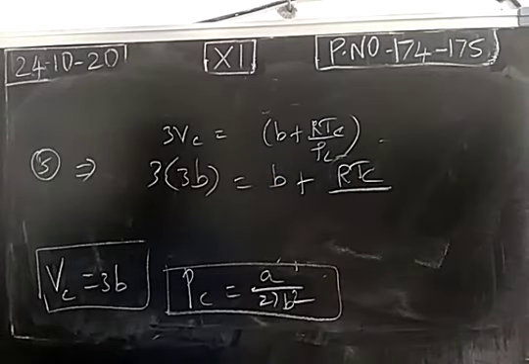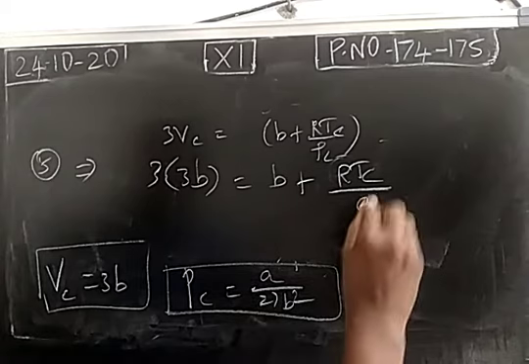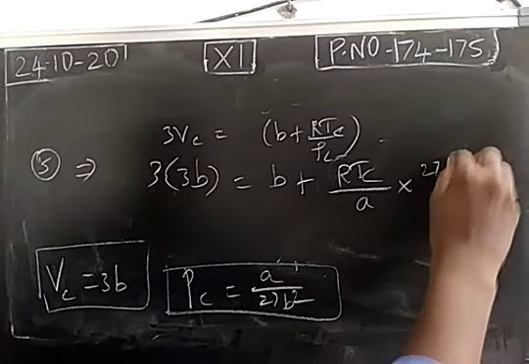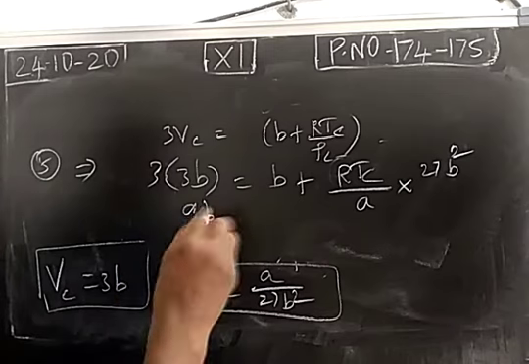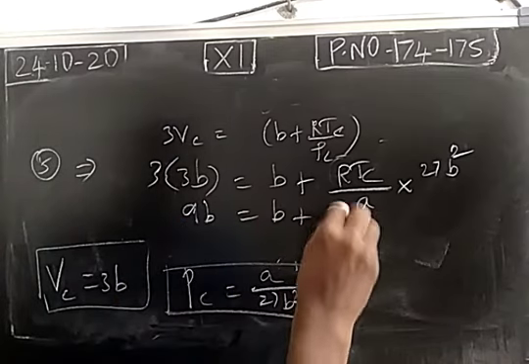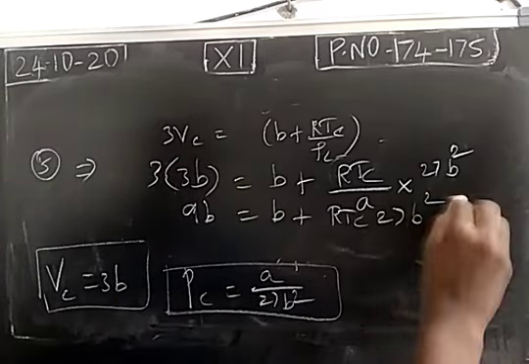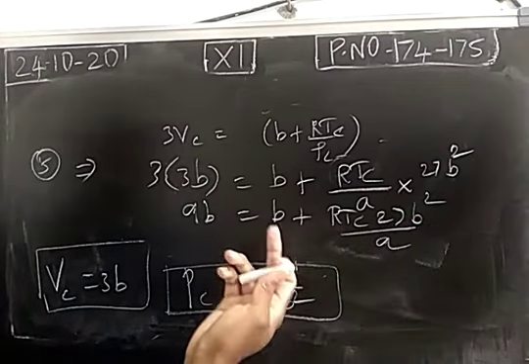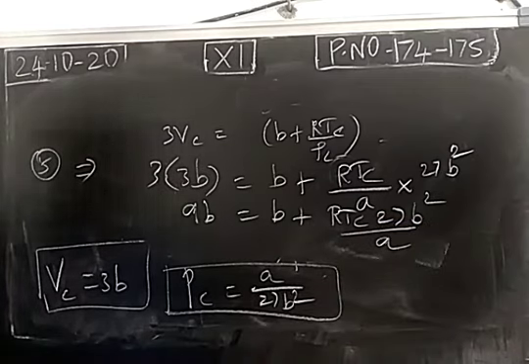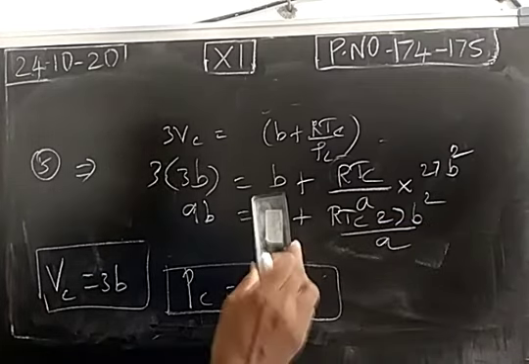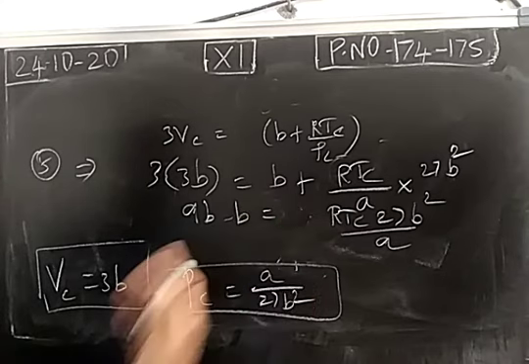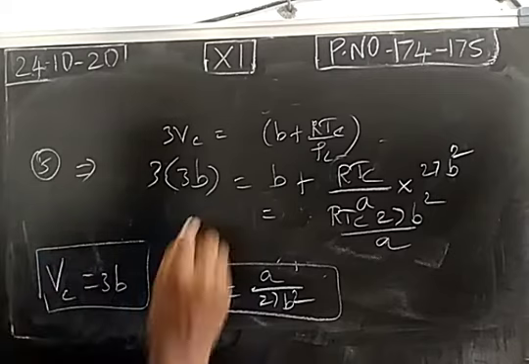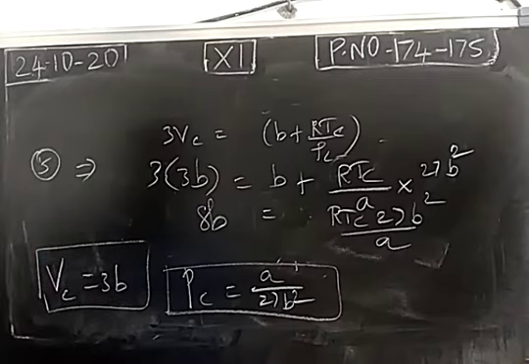Pc value is a by 27b square. So this will be 9b is equal to b plus RTc into 27b square divided by a. So when this b comes to the left hand side, 9b minus b, this is nothing but 8b. So 8b is equal to RTc 27b square by a.